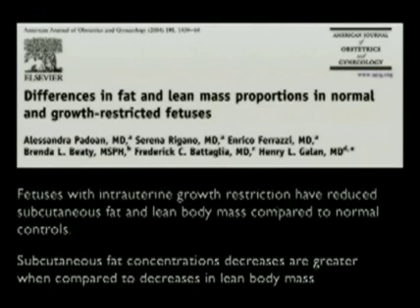They went on to work with their Italian colleagues to show differences in fat and lean mass proportions in normal and growth-restricted fetuses, and found that fetuses with growth restriction have reduced subcutaneous fat and lean body mass compared to normal controls, and that the decreases in subcutaneous fat are proportionally greater when compared to decreases in lean body mass.